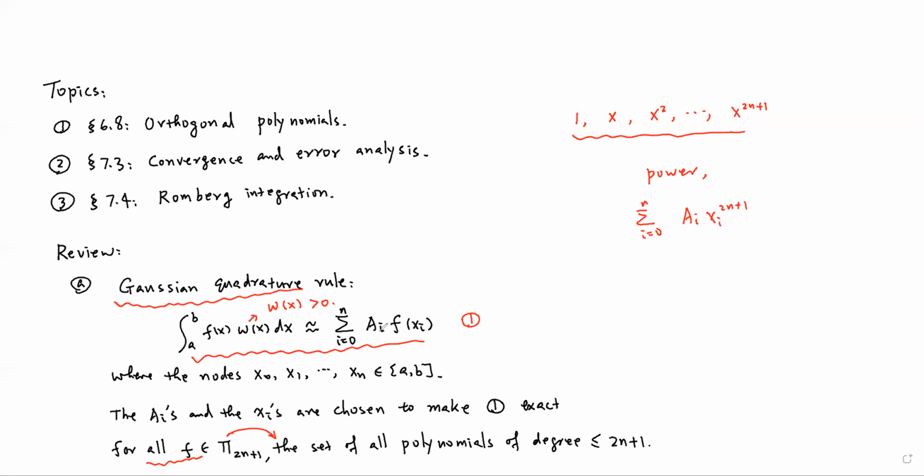Okay. Then how to determine A and X based on one theorem. Let me repeat that theorem. Before the theorem, there is a lemma.